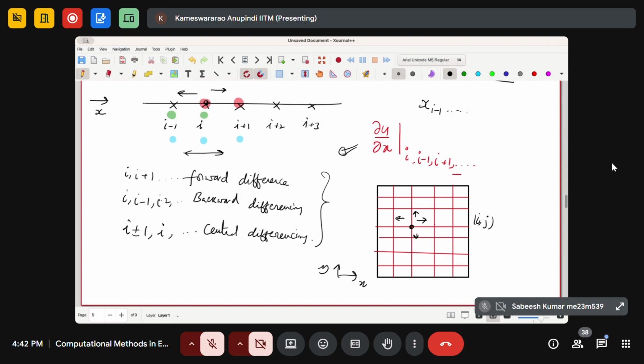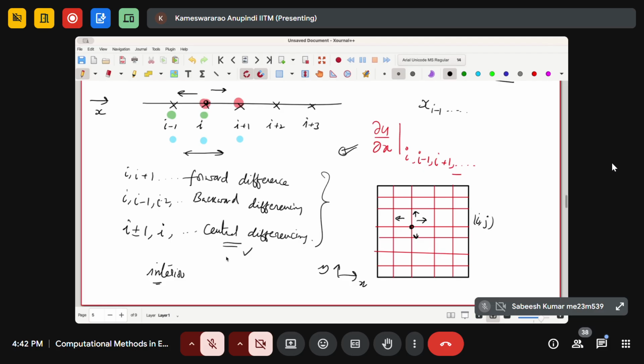But as long as we are in the interior of the domain, anywhere here, we can make use of the central differencing operators, because you have 4 neighbors. If you are at a point i, you have i minus 1, i plus 1, j plus 1, and j minus 1.